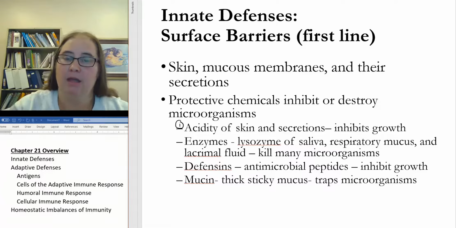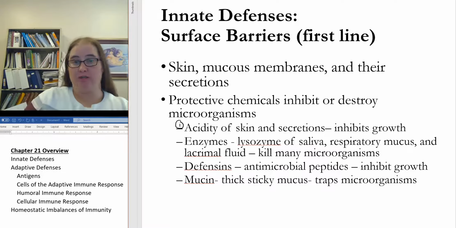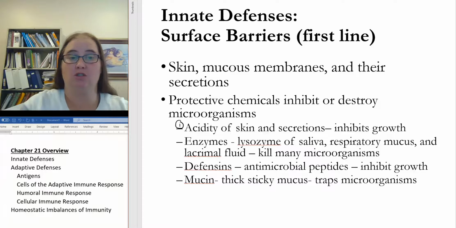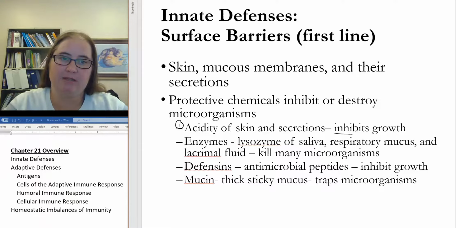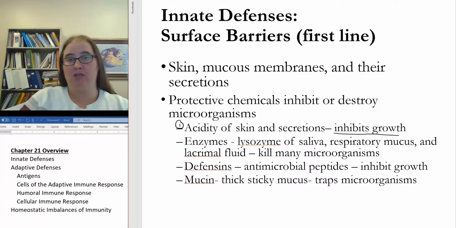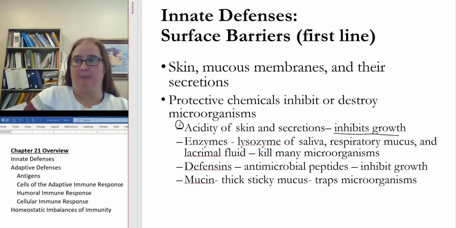The substances that are secreted onto the surface of our skin have that slight acidity, and this inhibits the growth of pathogens on our skin. So when the pH of your body gets slightly off, that allows certain pathogens to proliferate.